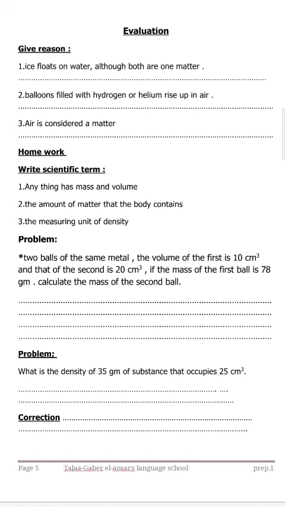Problem. Number 1, two balls of the same metal. The volume of the first is 10 and the second is 20. If the mass of the first ball is 78 gram, calculate the mass of the second ball. مع بعض كده يا شباب، هو بيقول لي ان two balls of the same metal, so they have the same density.